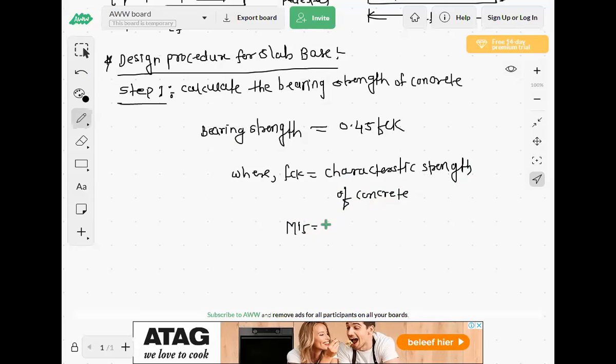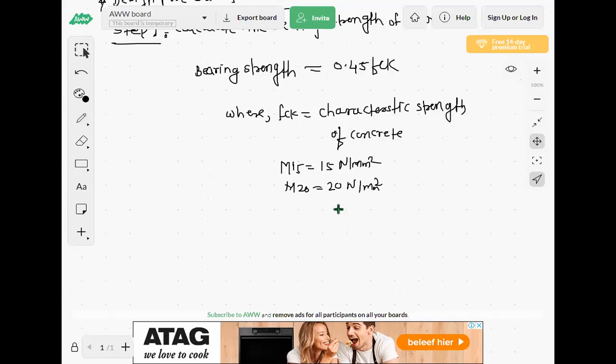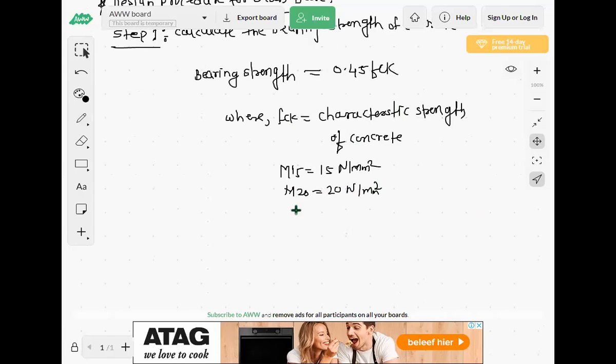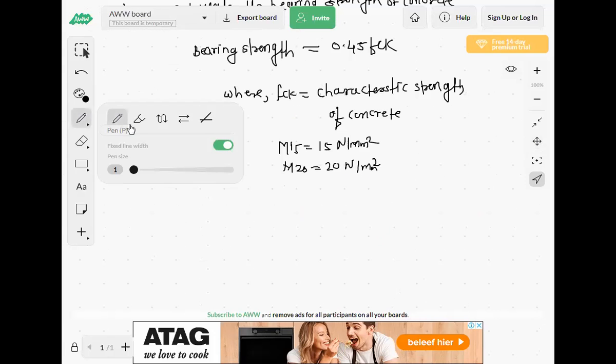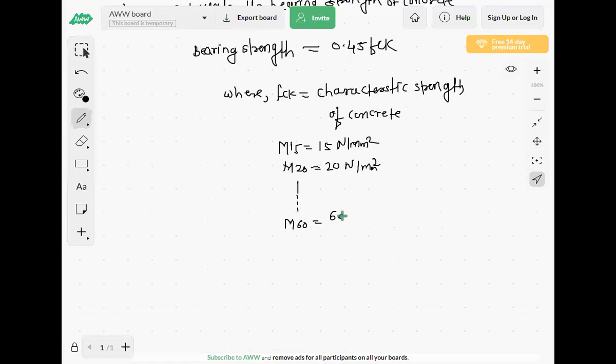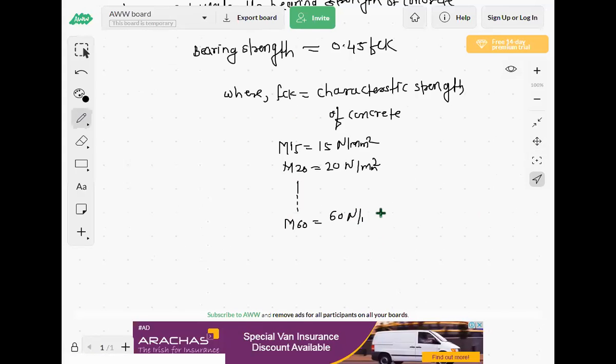For M15 grade concrete it is 15 Newton per mm square. For M20 concrete it is 20 Newton per mm square. Like this, for M40, M60, for M60 it will be 60 Newton per mm square. Are you getting?